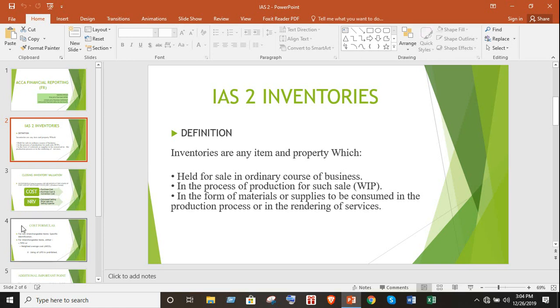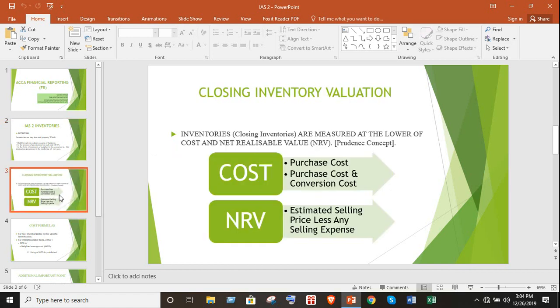So now let's get started with the closing inventory valuation part, because I have already told you that closing inventory valuation is very crucial for our accounting records.